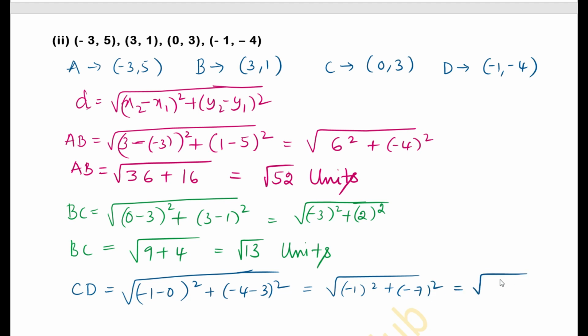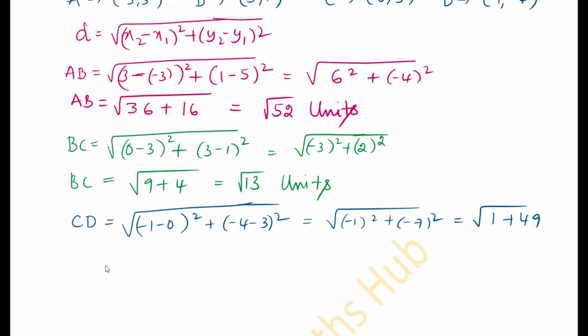We get minus 1 square is 1, minus 7 square is 49. CD equals 1 plus 49, which is equal to 50. We can simplify 50. 50 can be written as 25 into 2. Square root of 25 is 5, so 5 root 2 units.